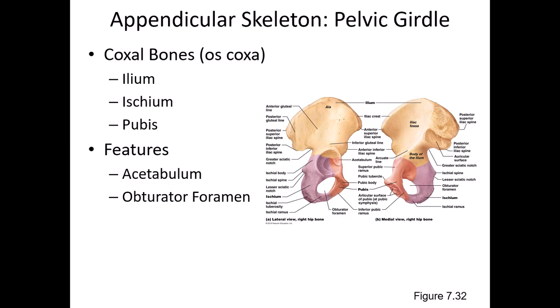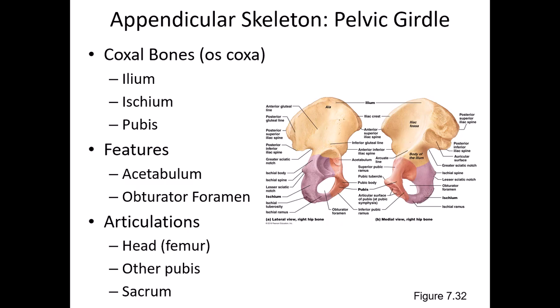As we just noted, the acetabulum is from all 3 parts, and that is the big socket for the head of the femur. So that makes the ball and socket joint at your hip. Another feature that is made from 2 parts is the obturator foramen. That's the big hole that you see in the os coxa, and that is formed part from ischium and part from pubis.